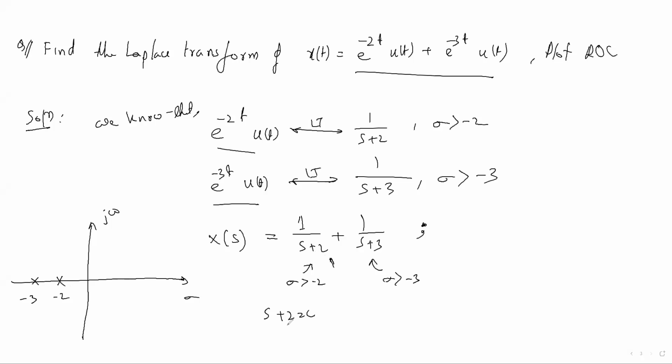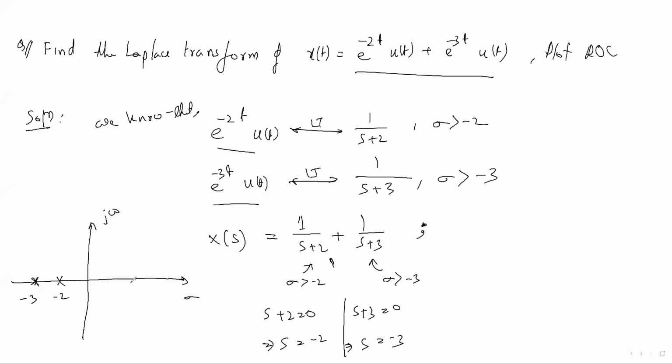When you equate s plus 2 to 0, what is the value of s? It's nothing but -2. When you equate s plus 3 equal to 0, the pole of this part is nothing but -3. That's why we have to mark two crosses, one at -3 and one at -2, isn't it?